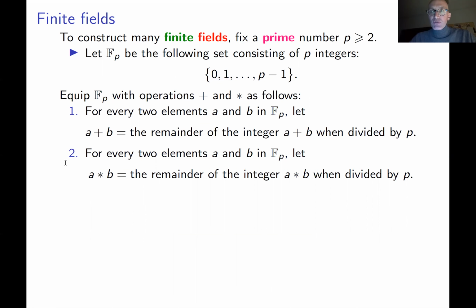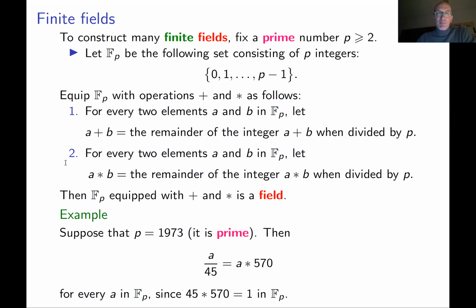I would prefer to call it Fp because F stands for field. And in the accelerated proofs and problem solving course, you're going to prove that this set equipped with these two operations is actually a field. We're not going to prove it, take it for granted, or you can Google the proof, or you can look at the lecture notes of the accelerated proofs and problem solving course.